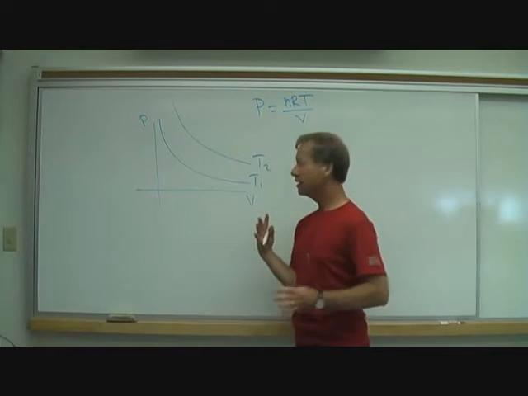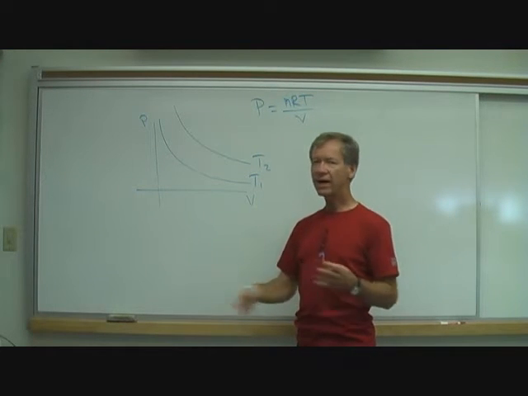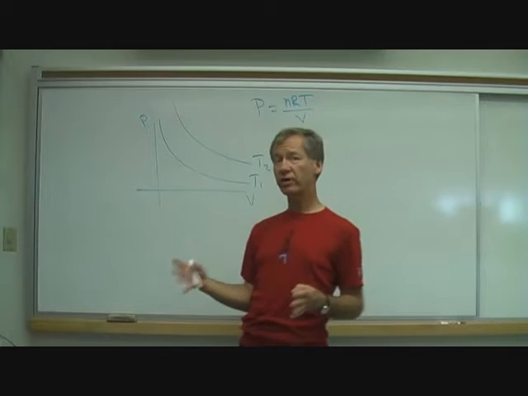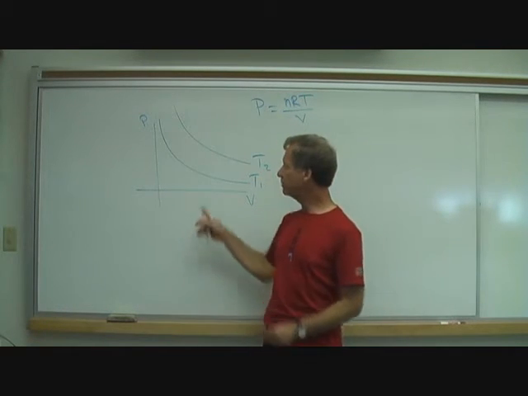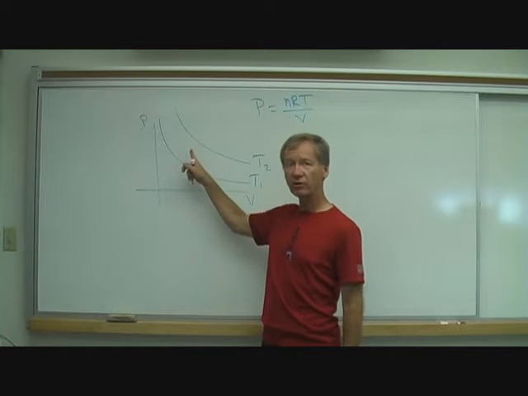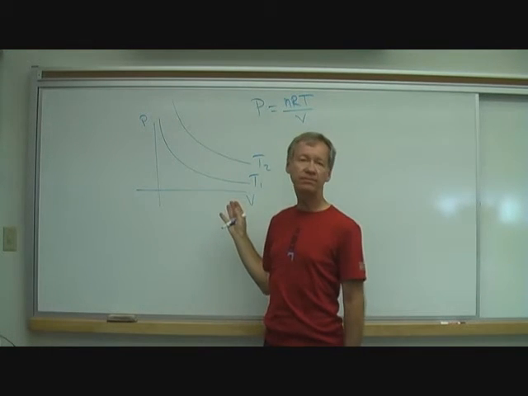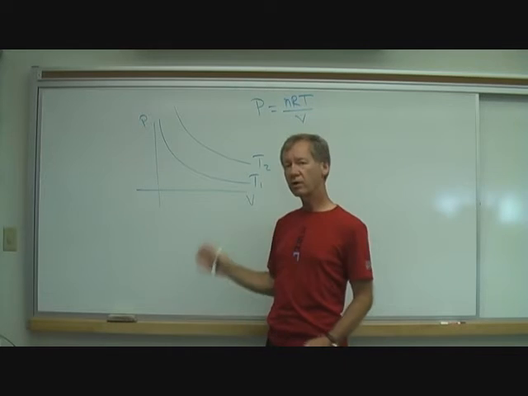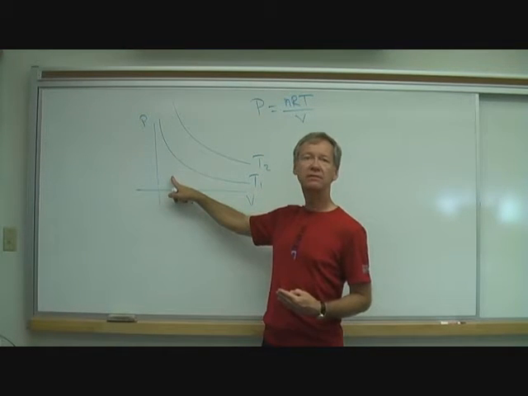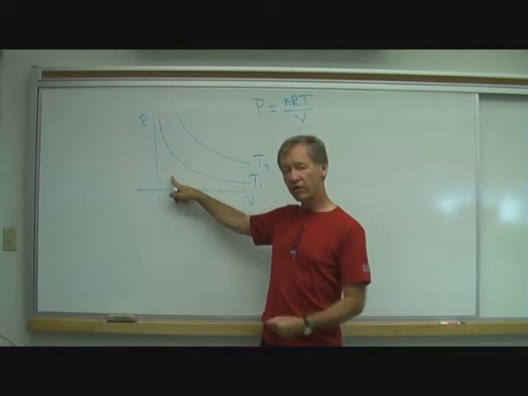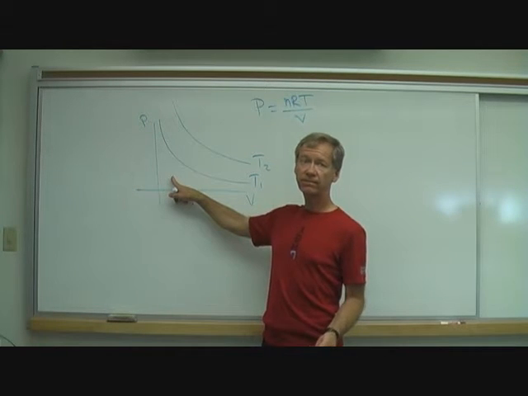Okay, so we have a couple of different processes that we know now for making changes between being at one spot and another on this PV diagram. Our thermodynamic states are one spot: a pressure, a volume, a temperature.